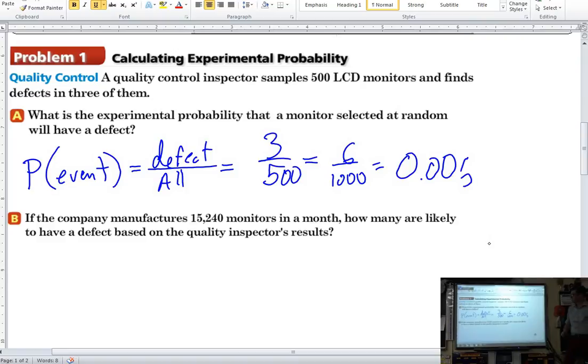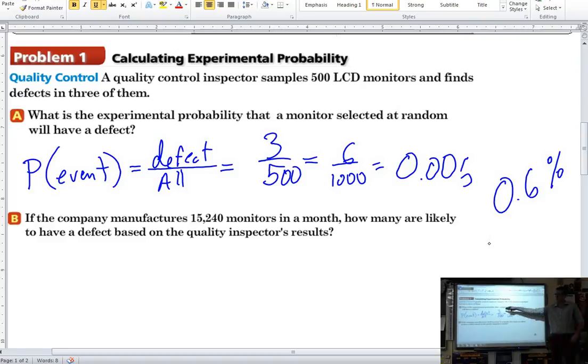Probability we normally talk about as a fraction between 0 and 1, but we can communicate it as a percentage, and then we'd always say the percent chance. Probability is dealing with fractions and ratios. So here, our percent chance would be 0.6%. So under a 1% chance that there'd be a defect.